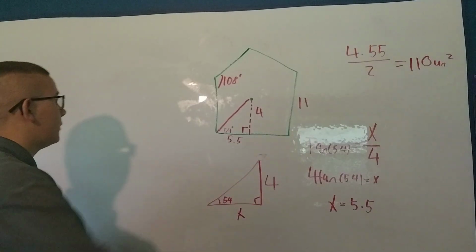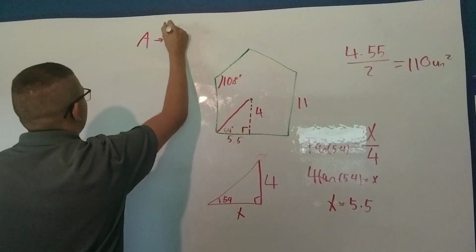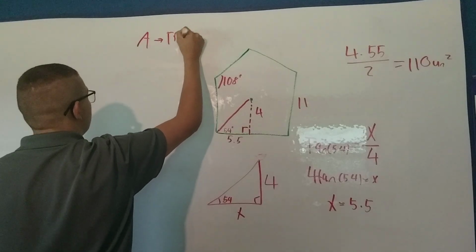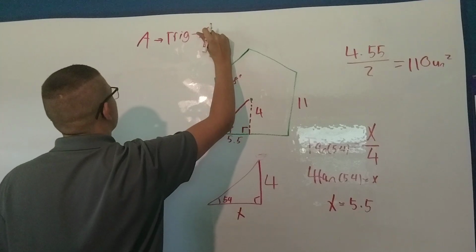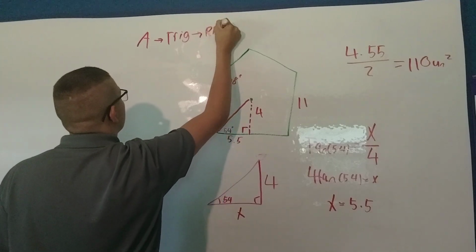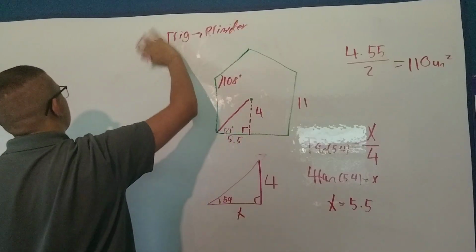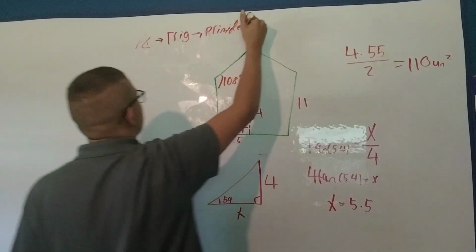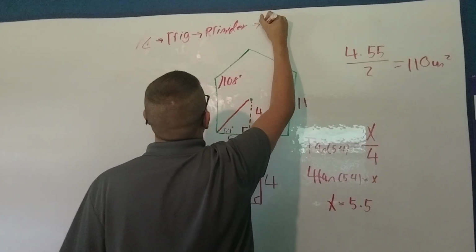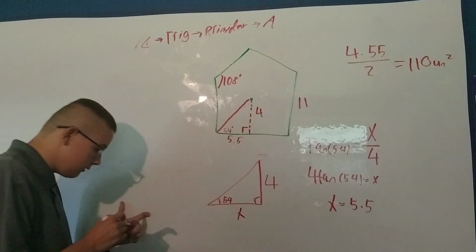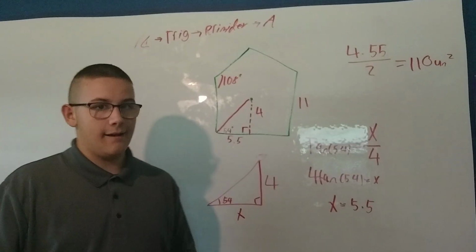So your general plan should be like angle to trig to perimeter and then just solve for the area like that. So that should be your general plan when given one but not the other.